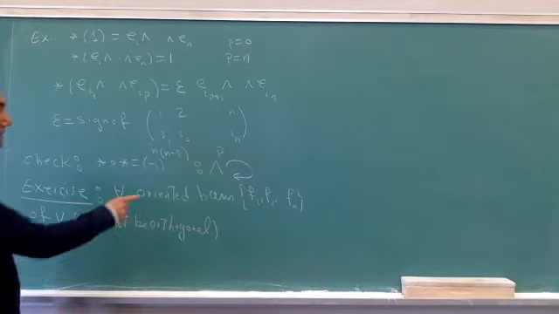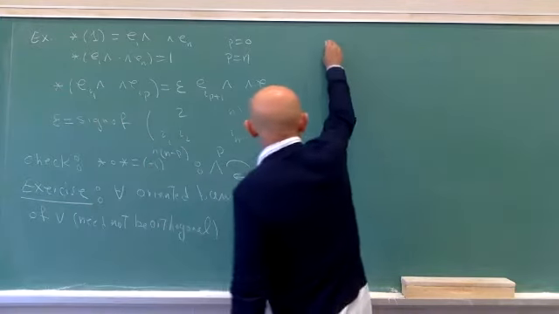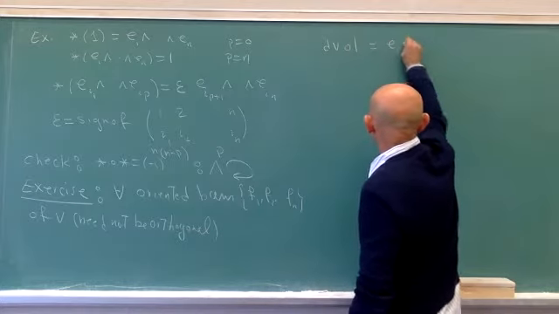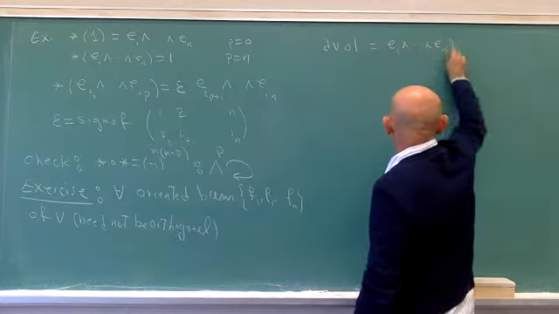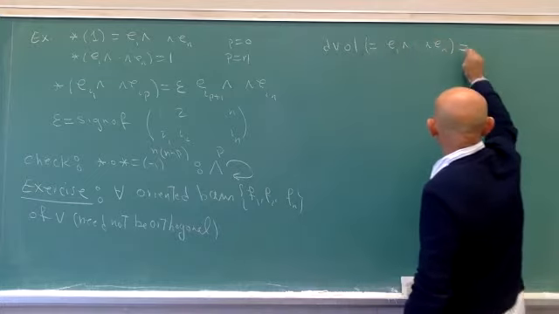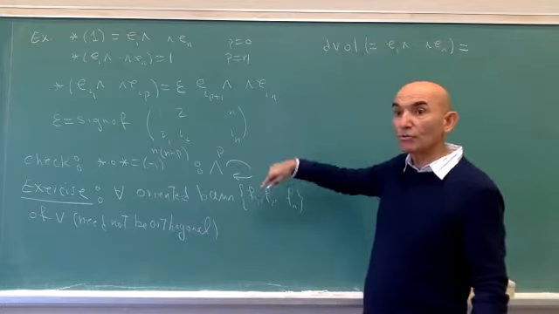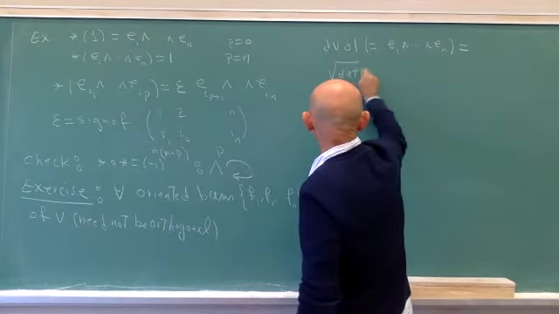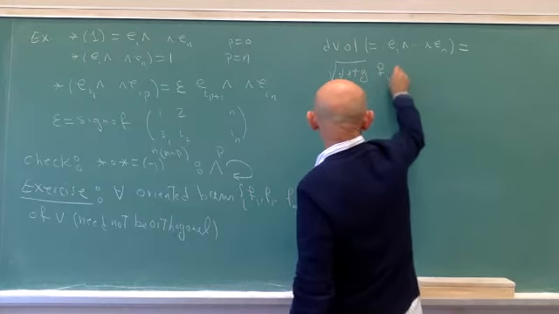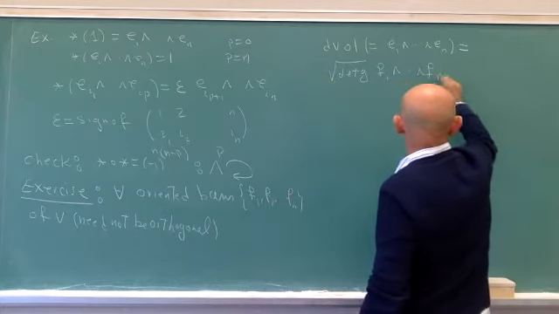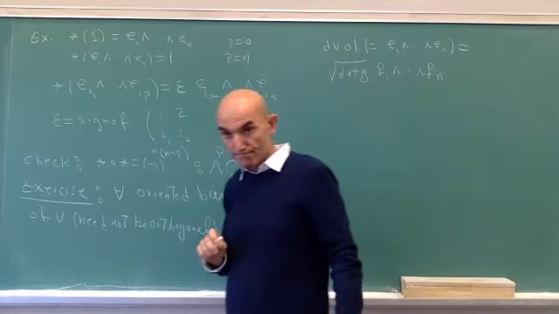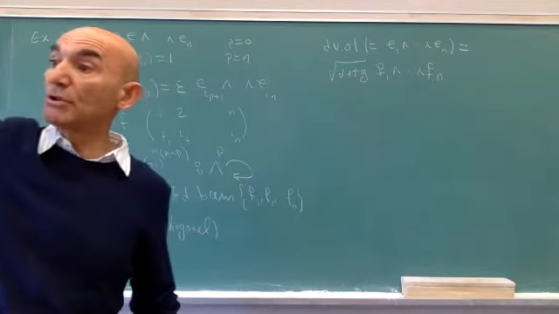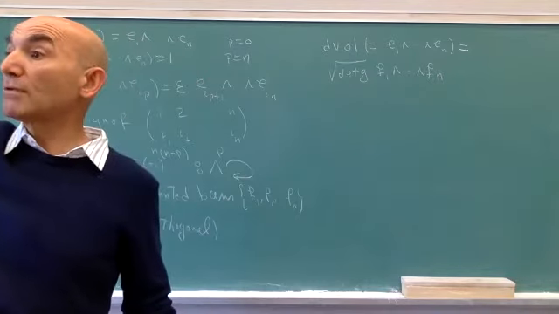So what happens is that this d volume, which we define to be E1 wedge ... wedge En, is equal to the square root of the determinant of G times F1 wedge ... wedge Fn. So when you do F1 wedge Fn, you get another element in the top exterior power, but that's not the volume form.